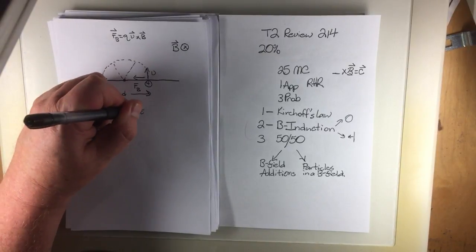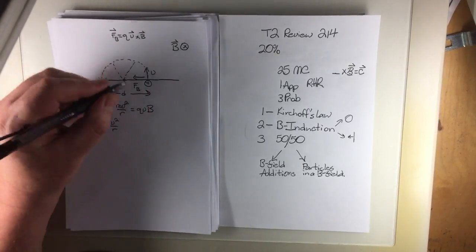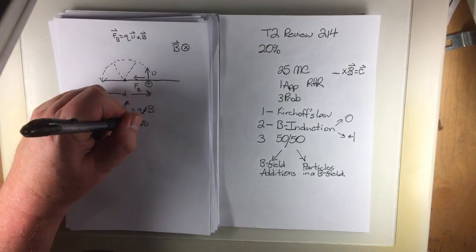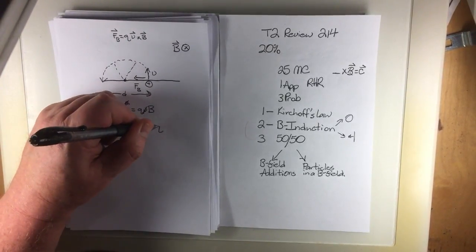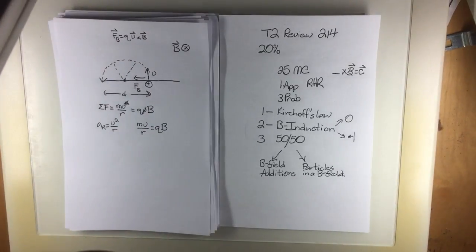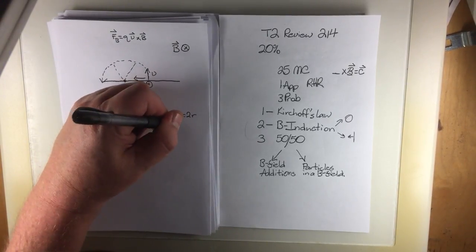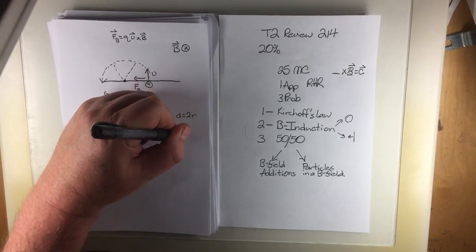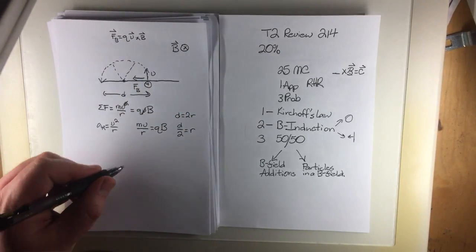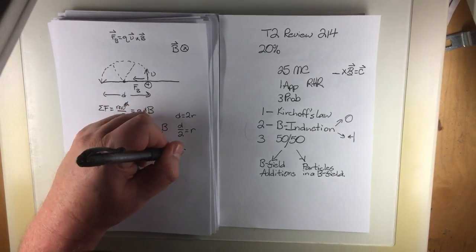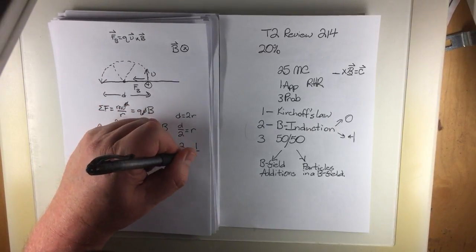And this equals qvB. So one of the v's cancels, and now I've got mv over r equals qB. And then you could get all sorts of variables out of it. If I said, give me the distance d, well, d is equal to 2r, or d over 2 is equal to r, or in this case, since it's in the denominator, 2 over d is equal to 1 over r.